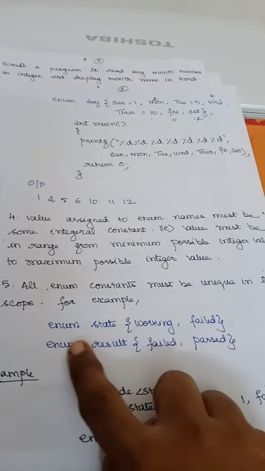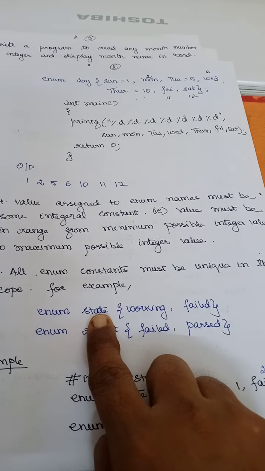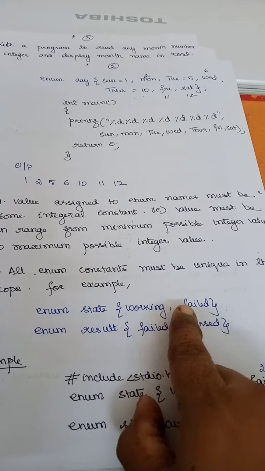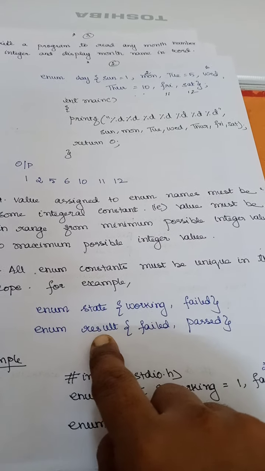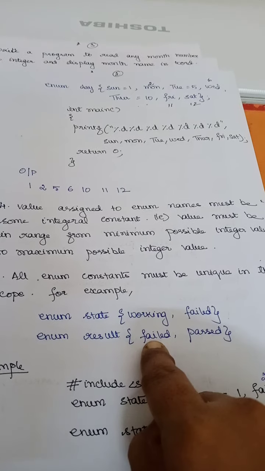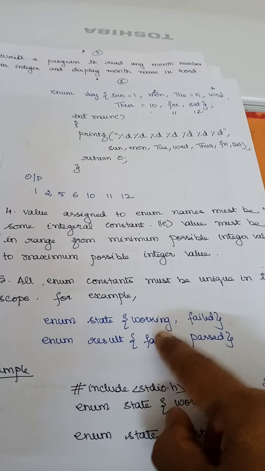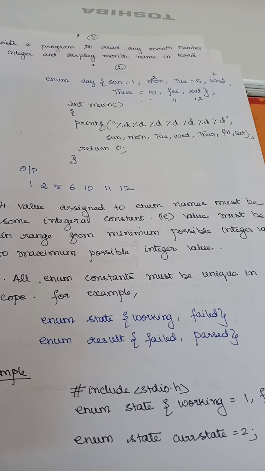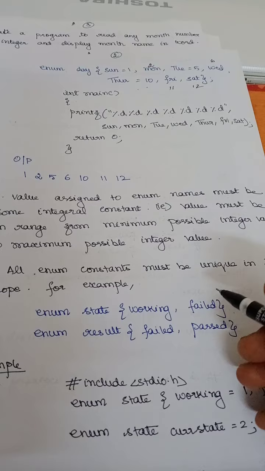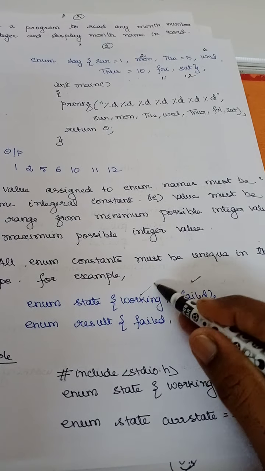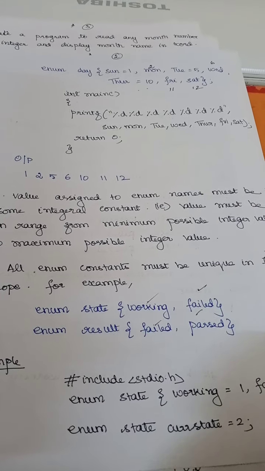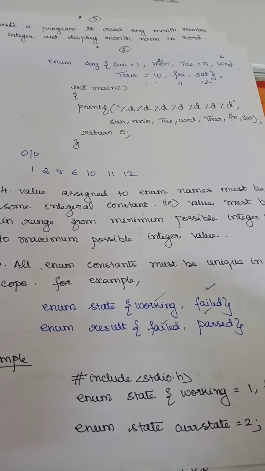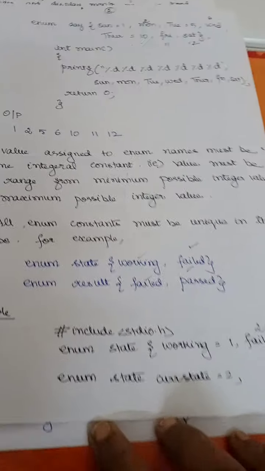For example, if I have enum state, here I have two enumerators, working and failed, and here I have another enum result. In that if I have failed, then these two have the same name. In the program if I use failed, then I don't know which failed I need to use. So whatever enumerators you are using, they have to be unique within your scope. Now we'll see one example.